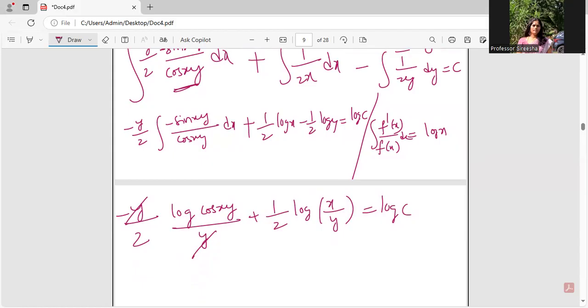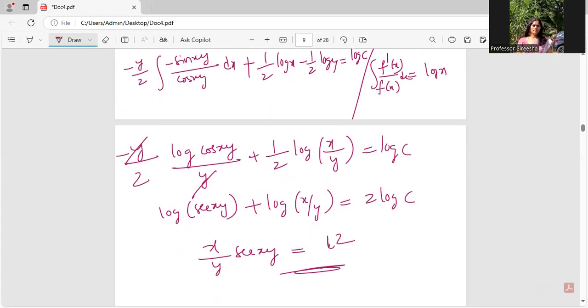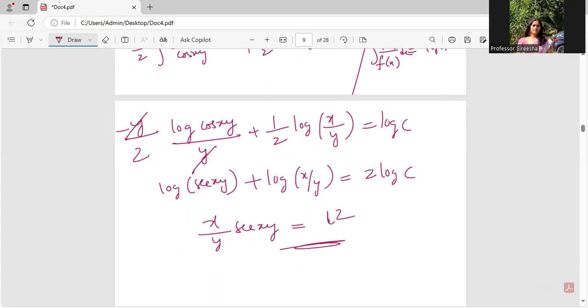So this becomes ln secant, or log secant xy, okay, plus log x by y is equal to 2 log c. Or if I remove log on all sides, I'll be having x by y secant xy is equal to c squared. That would be my answer. I can rearrange it in any way I like, or I can leave it as it is also. Okay, this is c squared.